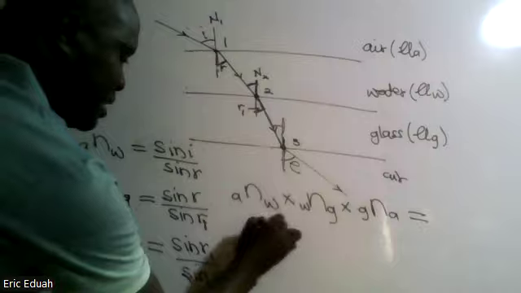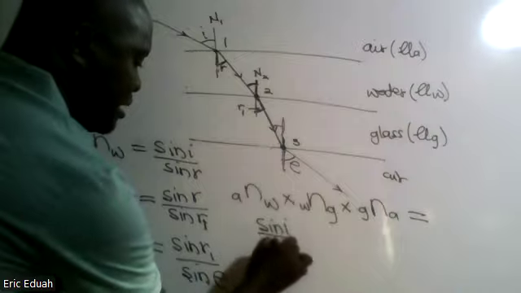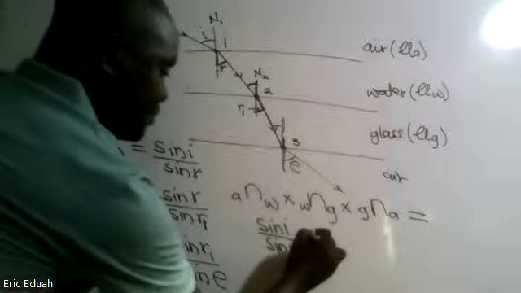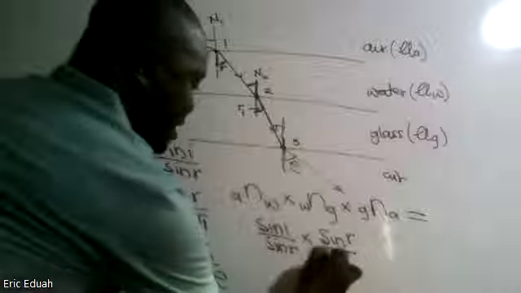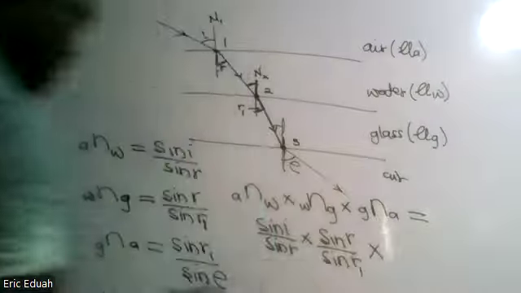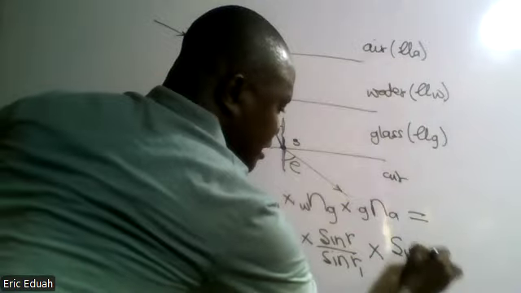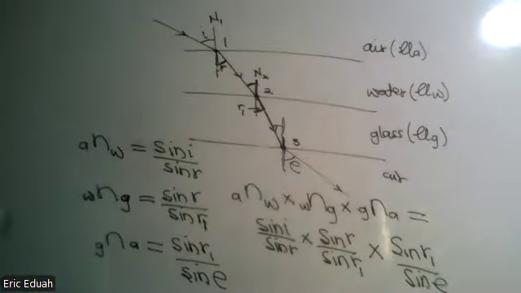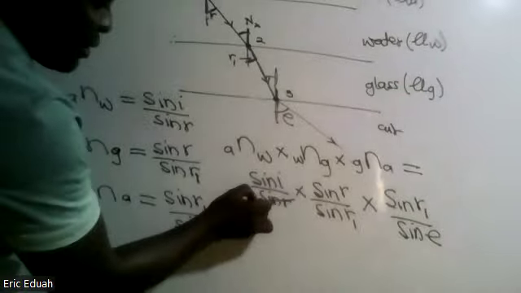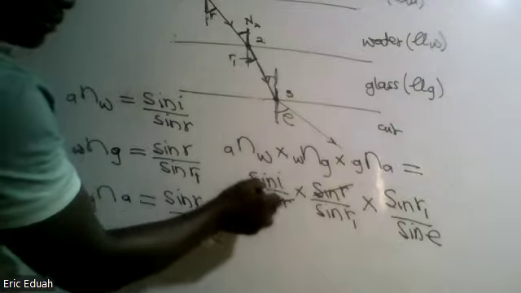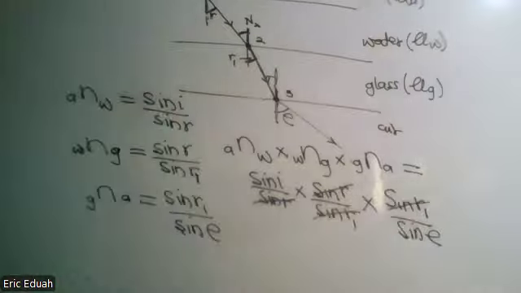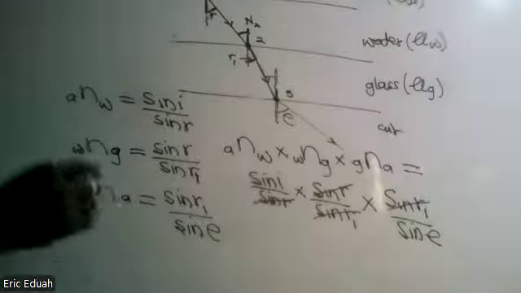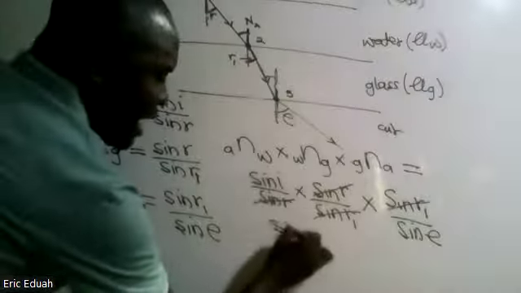This becomes sine I over sine R times sine R over sine R1 times sine R1 over sine E. Sine R cancels sine R. Sine R1 cancels sine R1 up there. We have sine I over sine E.